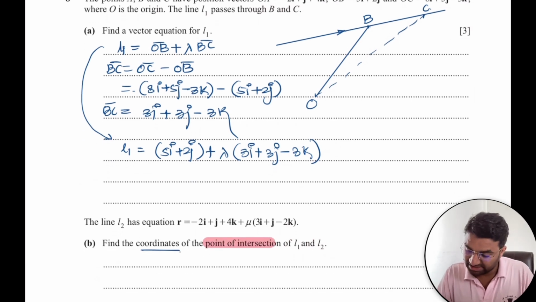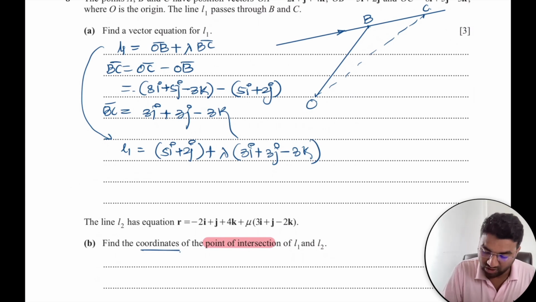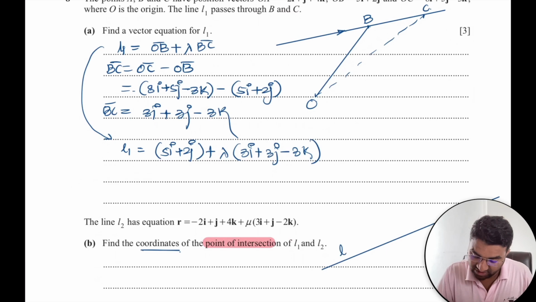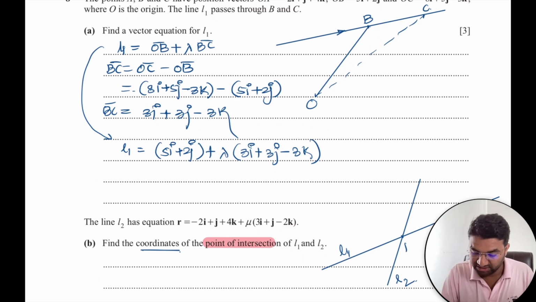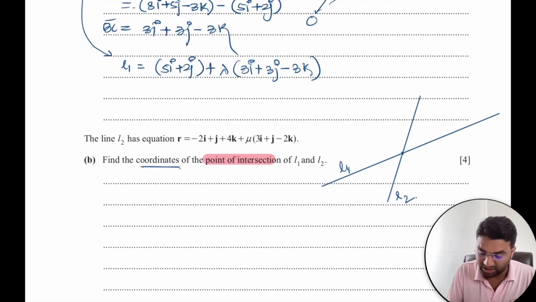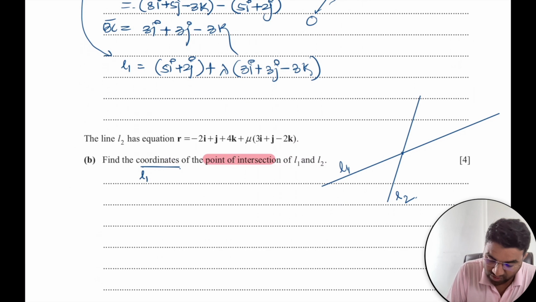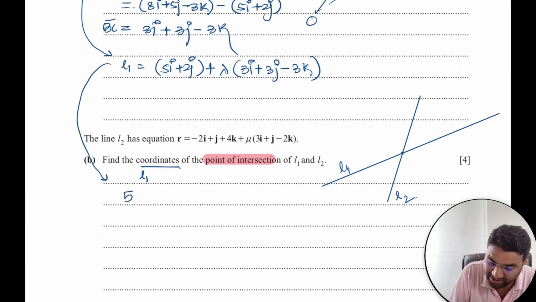As I said, BC is the L1, and it intersects L2. So we have to find the parametric equations of L1 and L2. The parametric equation of L1, from this one, is x component 5 plus 3 lambda, y component 2 plus 3 lambda, and z component negative 3 lambda.